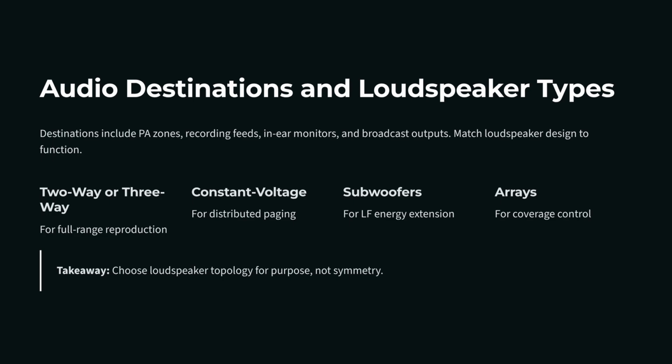Match loudspeaker design to function. Two-way or three-way for full range, constant voltage for distributed paging, and subwoofers for low-frequency energy, and arrays for coverage control. Choose loudspeaker topology for purpose. It's not about symmetry. Don't confuse mixers and amplifiers.